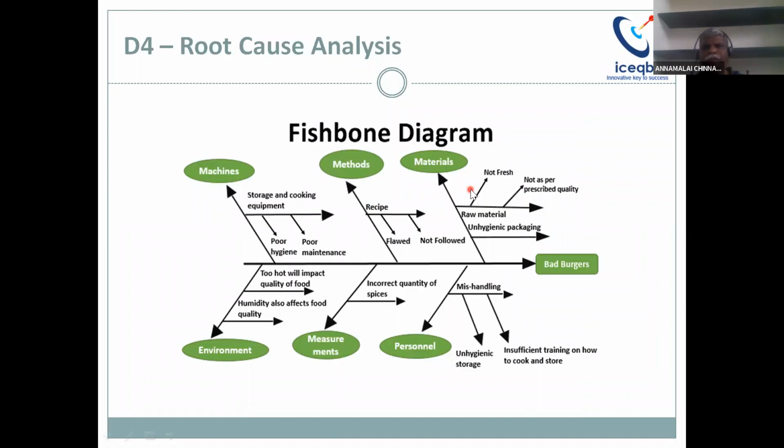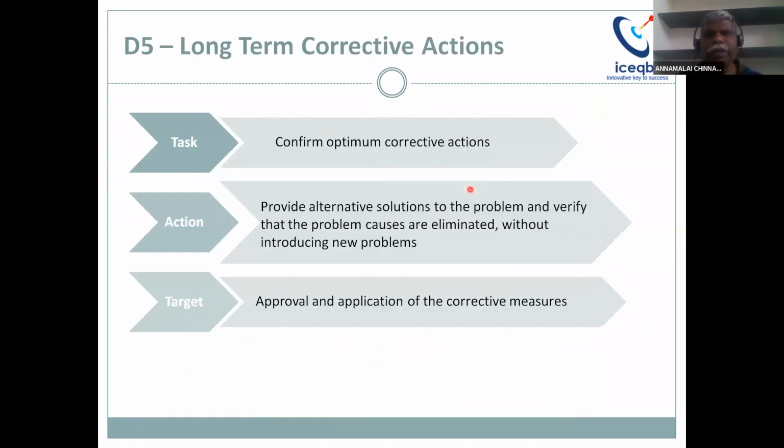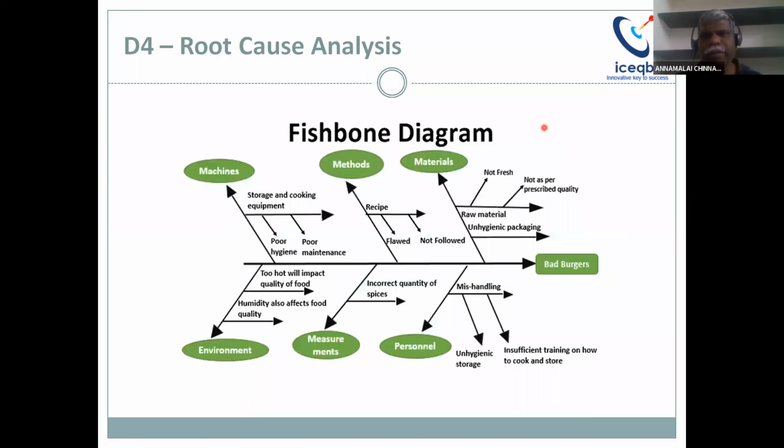Then again, this fishbone diagram. We can also call that the Ishikawa diagram, because all these names are the same. We can also call that the cause and effect diagram.